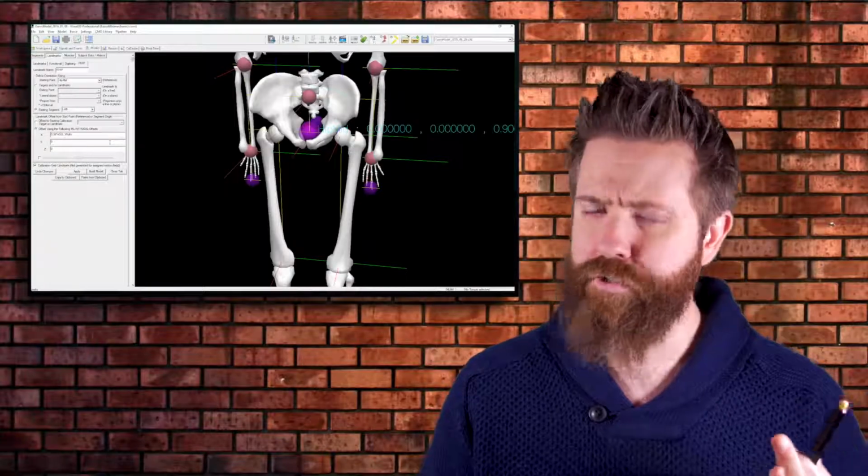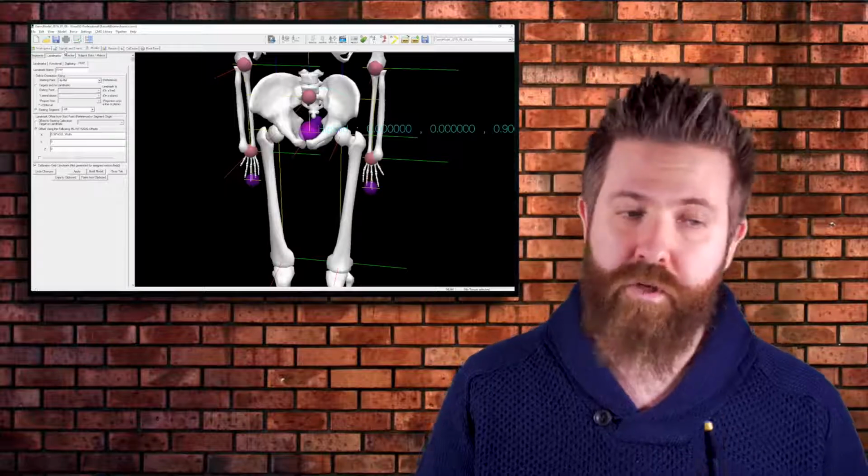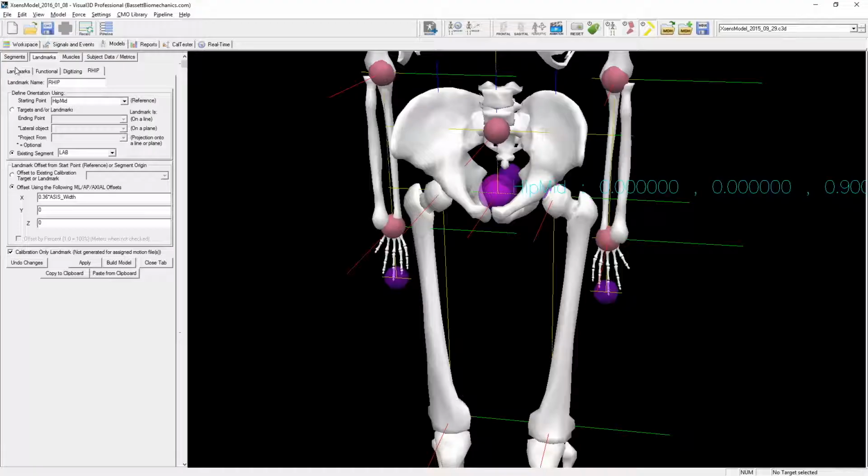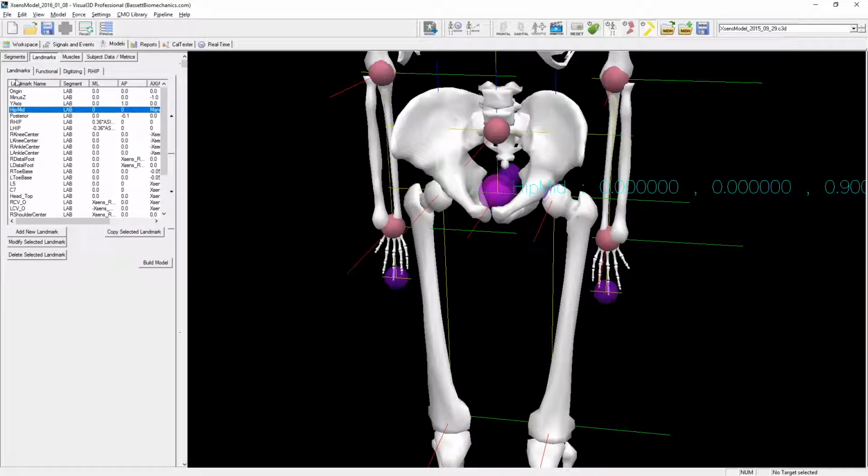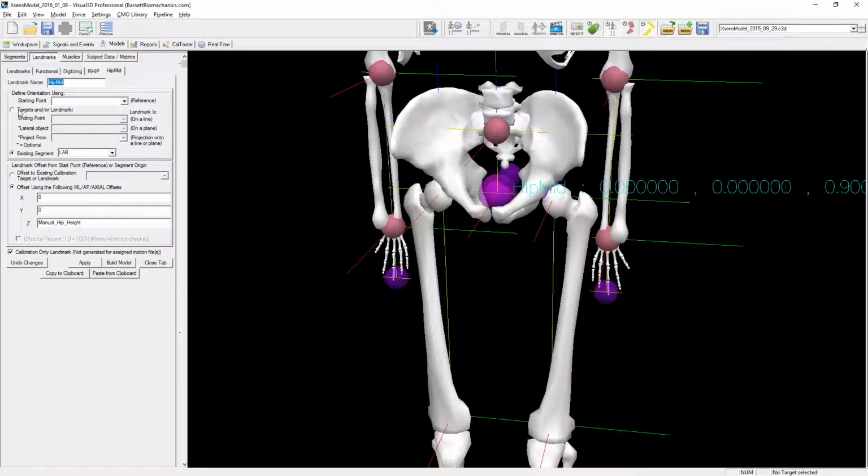So a lot of this still seems a little sketchy. Where is all this information coming from? Well, if we go back to landmarks, we can look at the hip mid landmark. How was it defined? Well, hip mid was defined simply within the lab segment in the Z direction, so vertically, manual hip height. You say, okay, where does that come from?